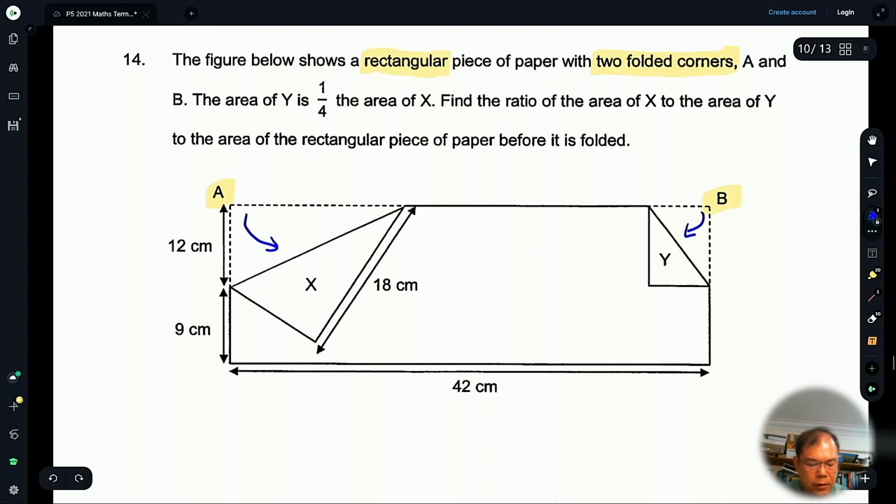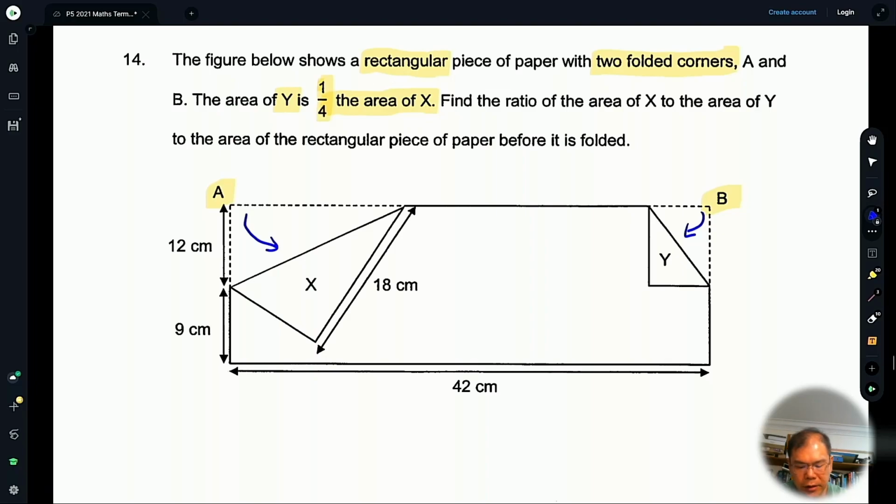The area of the resulting shapes X and Y is as such. The area of Y is 1/4 the area of X. Okay, so what does this actually mean? If you look at the diagram, triangle Y is smaller than triangle X. How much smaller? 1/4 the size of X.